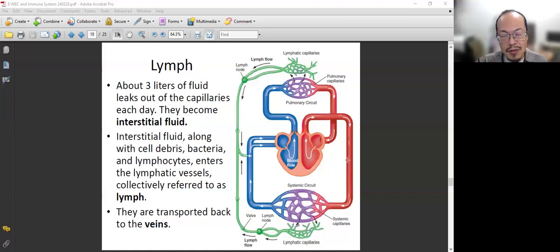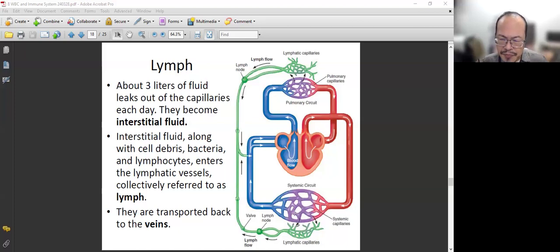Oxygen will get distributed into the tissue, and the blood will take in the CO2, and then we breathe it out. So the capillary is a place where fluid can leak out and molecules can diffuse across.